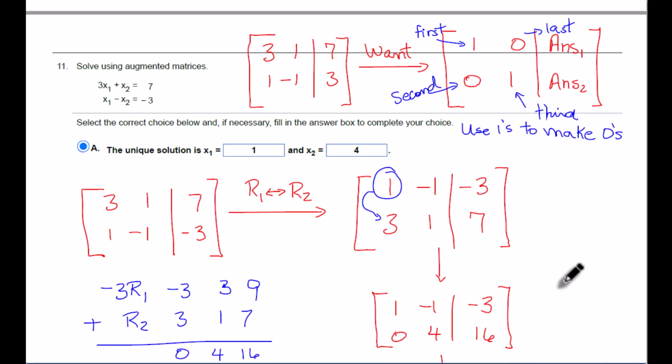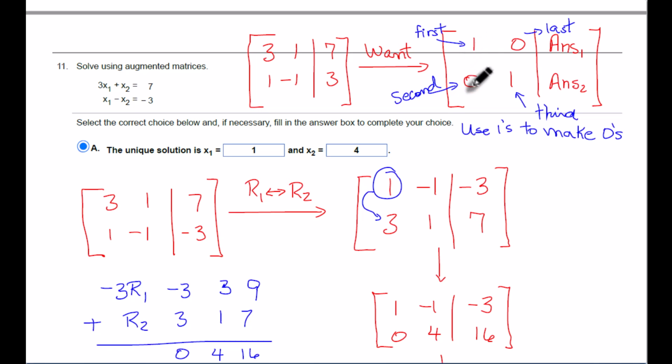So we take our system of equations, we form the augmented matrix, and now I want to work on this matrix using the row operations. And what I want to transform it into is something that looks like a 1 on the top left. I'd like to get that first.